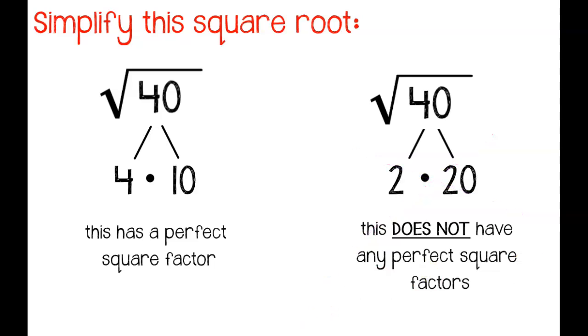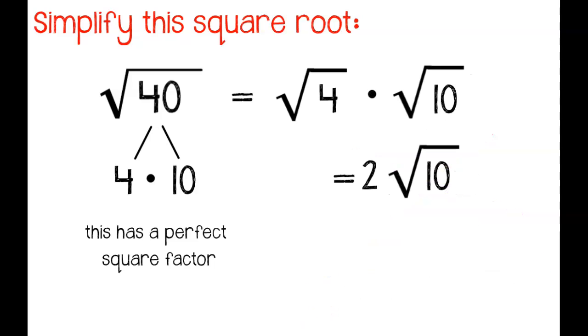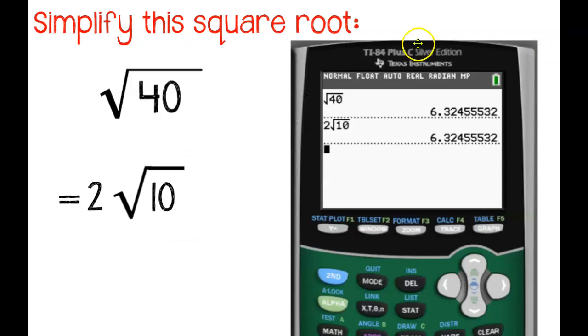So let's work with 4 times 10. So I can rewrite this as the product of the square root of 4 times the square root of 10. The square root of 4 is 2. Notice, once I take the square root, it comes out of the radical sign. So 2 square roots of 10. Get your calculator out and be sure to check your math.